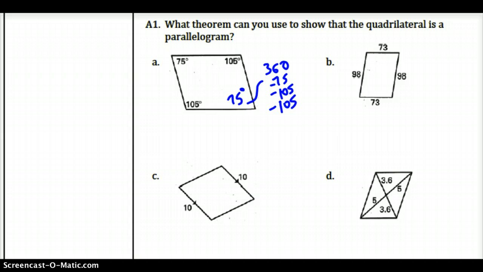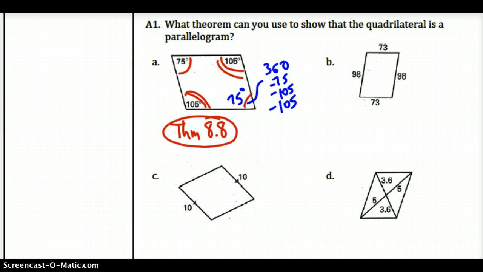Because of that, I can say that this is congruent to this, and then this is congruent to this. So by theorem 8.8, this is a parallelogram.